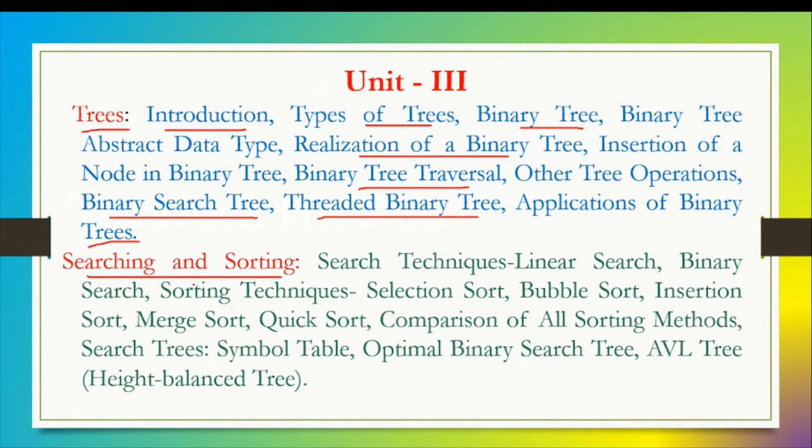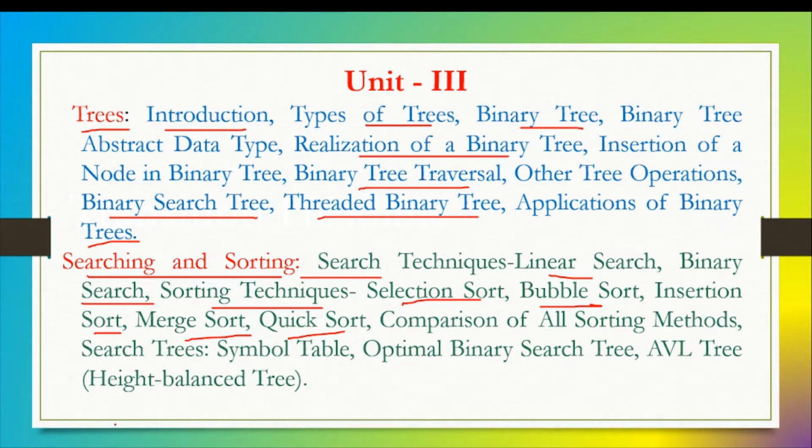And in the other chapter, searching and sorting, we will discuss search techniques and sorting techniques. In search techniques we have only two, linear search and binary search. For sorting we have many techniques: selection sort, bubble sort, insertion sort, merge sort, quick sort, and a comparison of all these sorting methods.